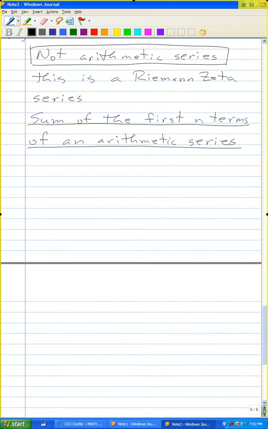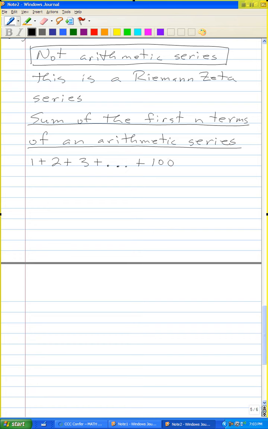So before I tell you that, I'll give you a little story. Carl Friedrich Gauss, when he was 9 years old, was given the following problem. His instructor was, I guess, overwhelmed by having all these children ask questions.